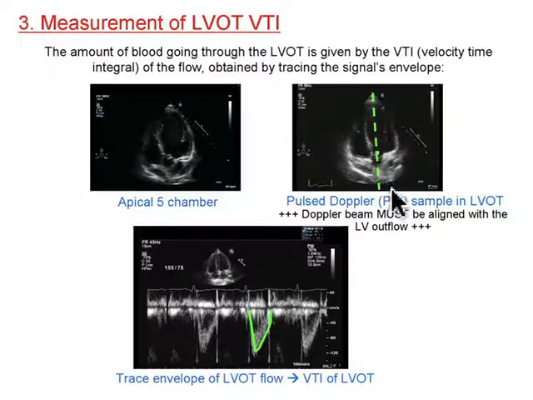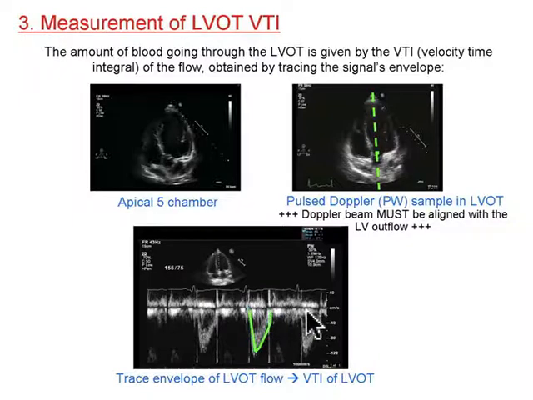What does that mean? Here's what this means. You take that pulse wave Doppler, that TIE fighter thing, and you drop it right across that aortic valve right here in the apical five chamber view. And then you activate the actual waveform, and this is what it gives you here.